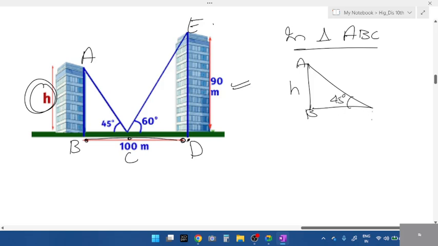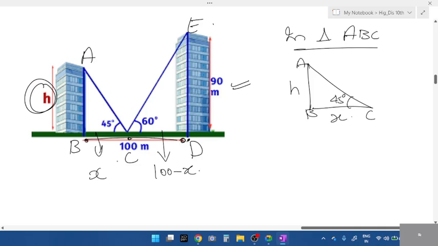Is BC value given, students? No, right? Shall we take BC as X? If I take BC as X, entire BD is 100, then what will be the value of CD? Very good. It will be 100 minus X.